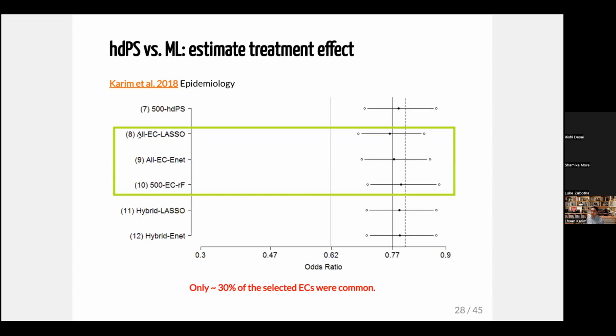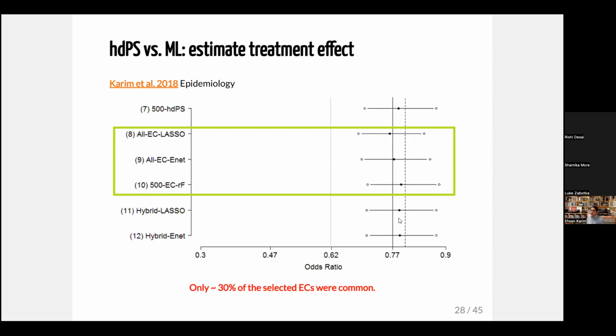So when we use just the pure machine learning methods, and all of these methods within this green box are pure machine learning methods, you can see these estimates are not very different than what we have seen in our high dimensional propensity score estimate when we used 500 empirical covariates, right? And we also estimated the hybrid lasso and hybrid elastic net approach, and the estimates did not vary too much, right?